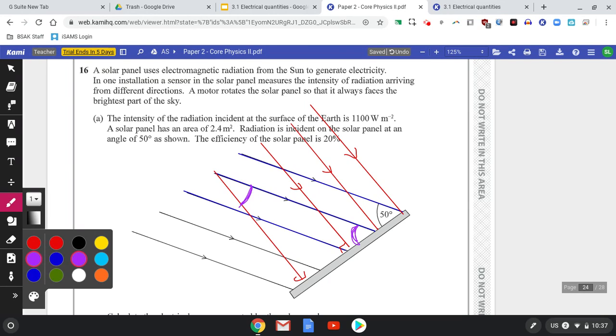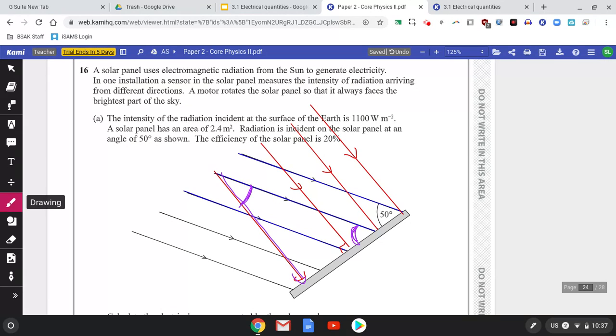So this red ray here is going to be cos 40 or sine 50. So we're using sine 50. So the intensity of light incident on the solar cell is 1,100 times sine 50.